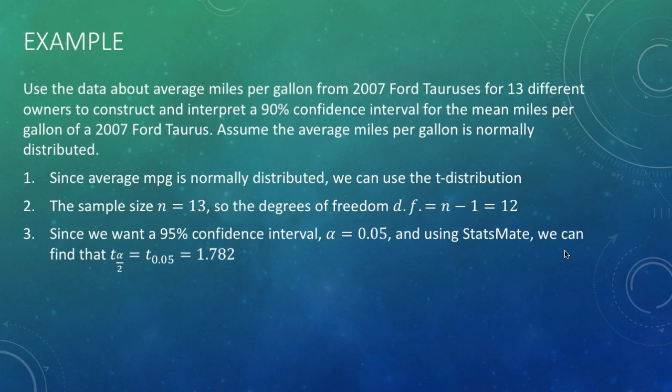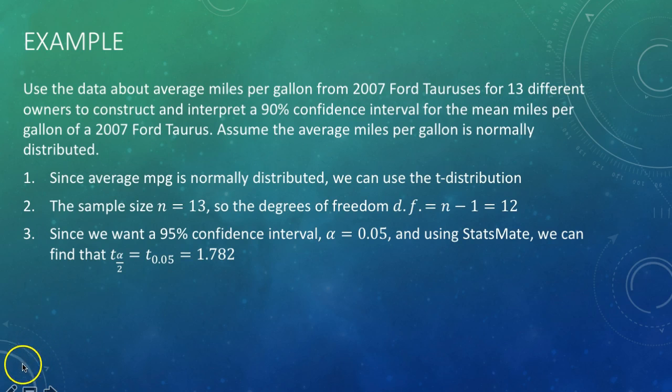Since we want a 95% confidence interval, we can't use that t-value we calculated in the previous example. If the confidence level is 95%, that means alpha is the other 5%. Divide that in half to get 2.5% or 0.025. Which I did incorrectly on here.